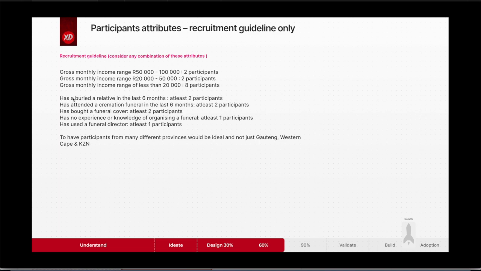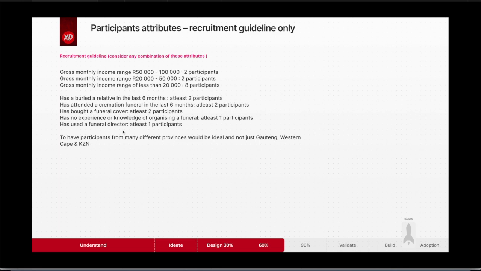So it's important to make sure that we have participants who have experienced one of the following: buried a relative in the last 6 months, attended a cremation funeral, bought a funeral cover, maybe someone who's got no experience or knowledge about organizing a funeral, so that we get a complete and fresh view from them, and also someone who's used a funeral director.